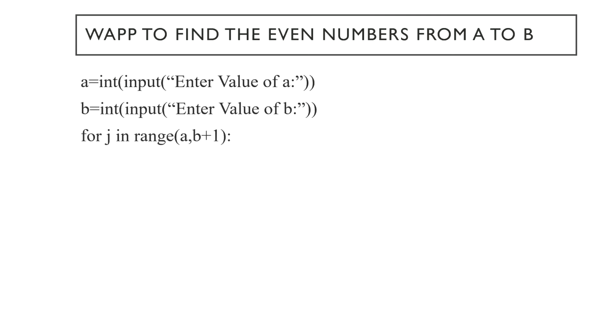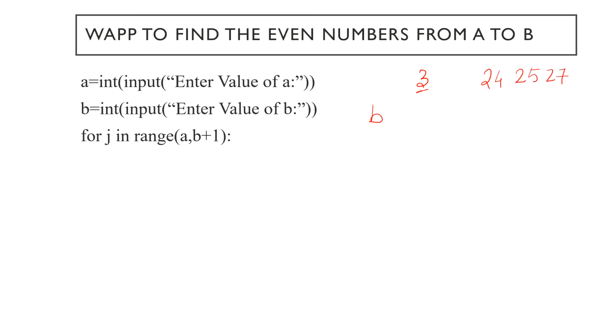Next, we need to write the loop here. Now the most important part is that we do not know the value of B. Suppose for A I have given 3. Now B might be 24, it can be 25, it can be 27, anything. We do not know what the value of B will be.